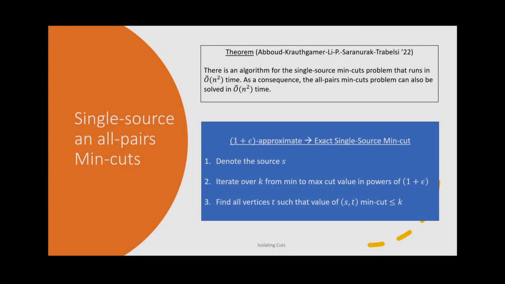Here's our 1 plus epsilon approximate algorithm that I just described. What was it doing? It was solving cut threshold, and for these exponentially increasing values of k with a base of 1 plus epsilon, it was finding all vertices with lambda st less than or equal to k, lambda st being the connectivity, or value of the st min cut.